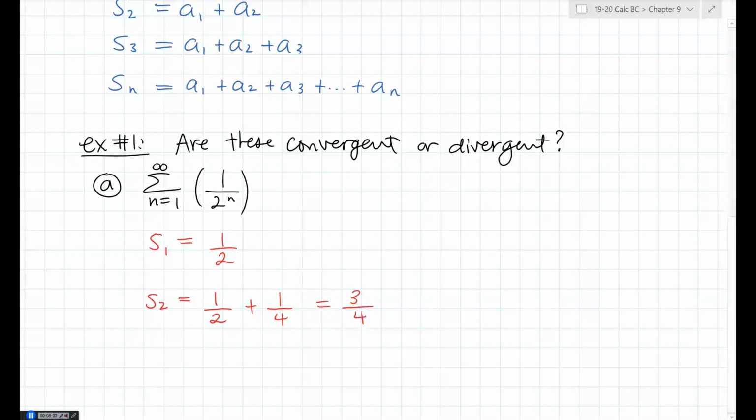Okay, now we're going to focus on these numbers right now. Let me give you one more partial sum. S sub 3 is 1/2 plus 1/4, we already know those answers, plus, now I have to plug in a 3, so 1 over 2 to the third, that's 1/8. That comes out to 7/8.